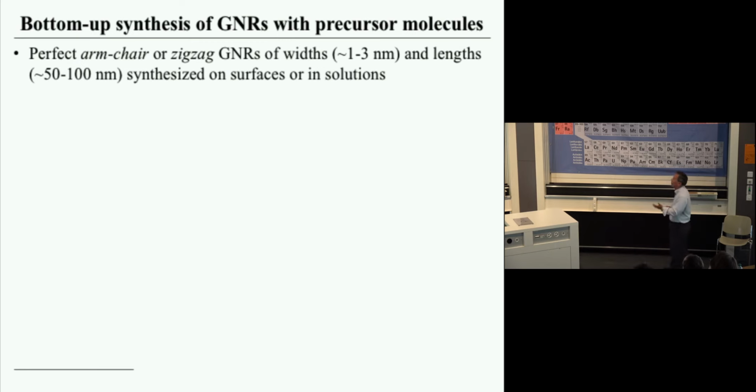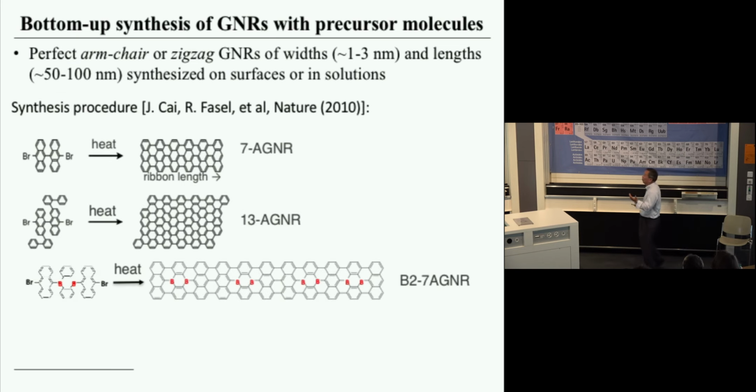And they can be synthesized in solution or on a surface. This is done through a precursor molecule method. In fact, it was pioneered by Roman Fasel here in Switzerland. So what you do is you take some precursor molecule like this one, put it on the surface or in a solution, and heat it up.